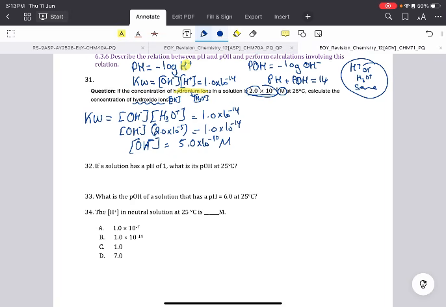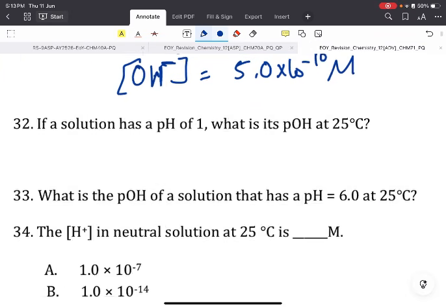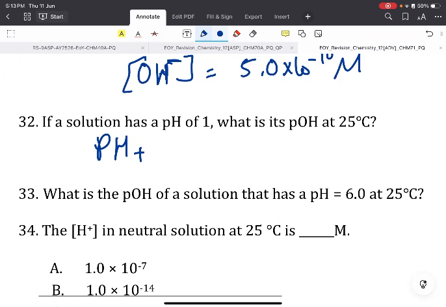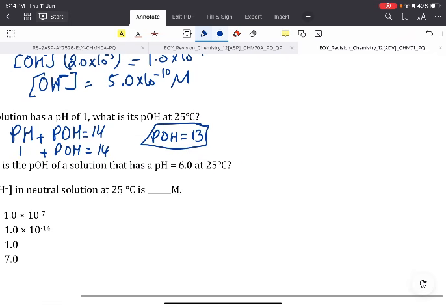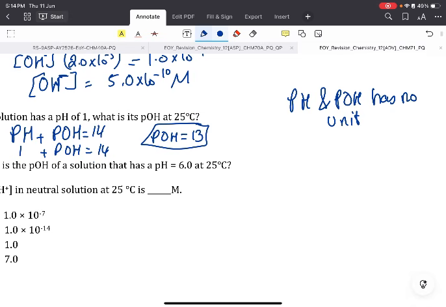If a solution has a pH of 1, what is the pOH? Here's the formula that connects pH and pOH. So pH plus pOH equal 14. So if I have 1, the pOH is going to be 13. pH and pOH have no unit because it's a scale.